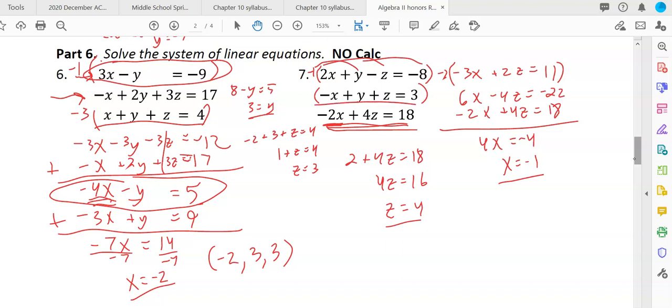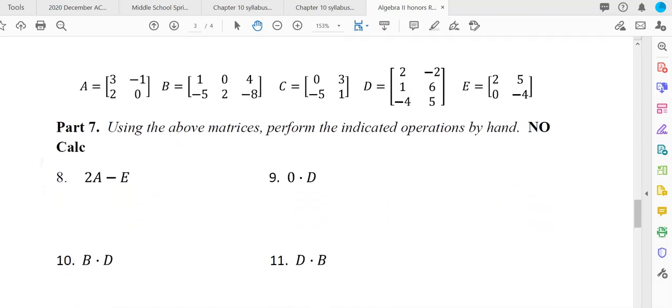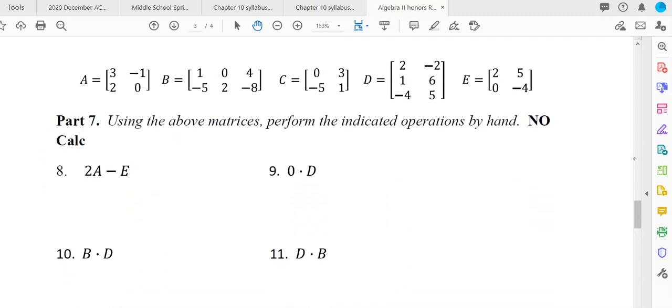So I get negative x would be 1 plus y plus 4 equals 3. So I got y plus 5, so y equals negative 2. My answer is negative 1, comma negative 2, comma 4.